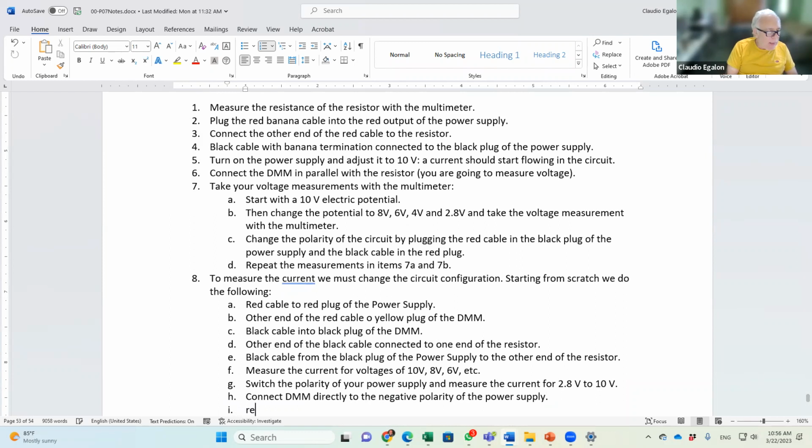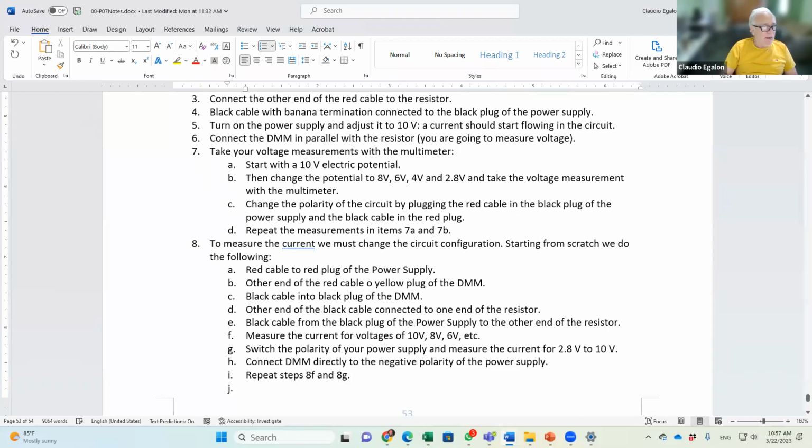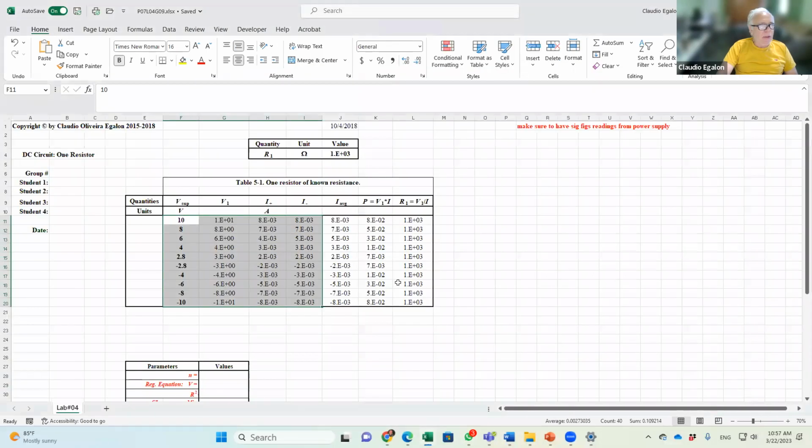Repeat steps 8F and 8G. Okay. And that's when you get the I minus current, which is going to be very close to the I plus current.